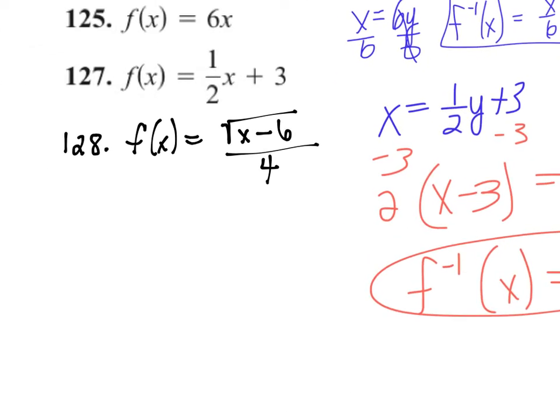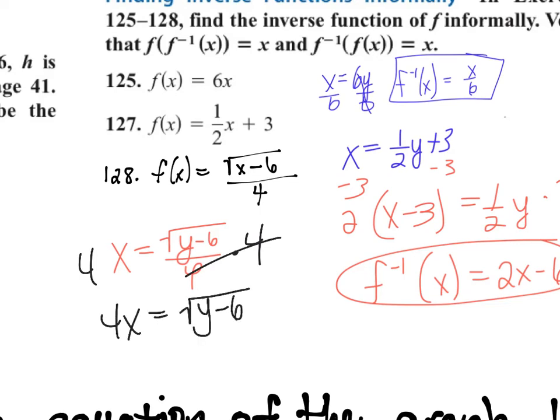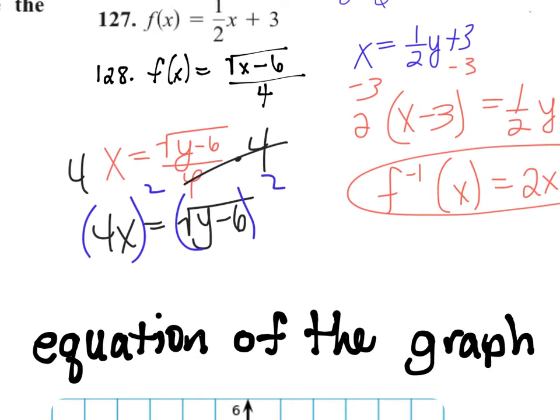And from 128, I have x equals square root of y minus 6 over 4. Solve. What do I do? You multiply by 4 on both sides. So you have 4x equals the square root of y minus 6. Square both sides. Get rid of the root.